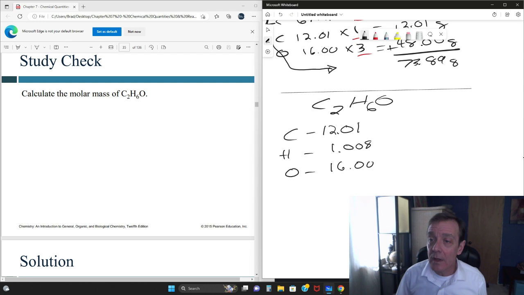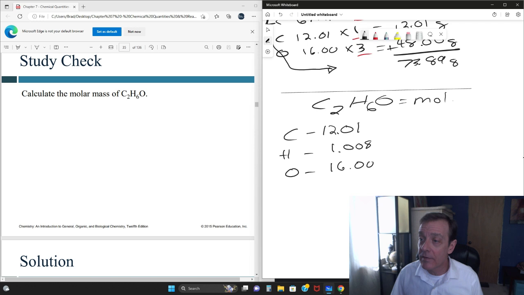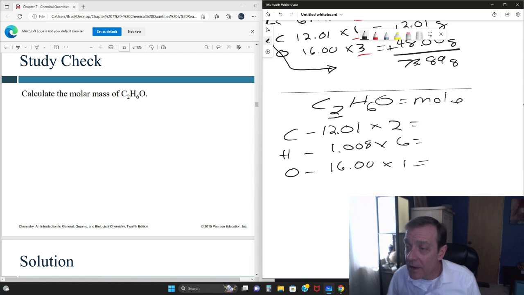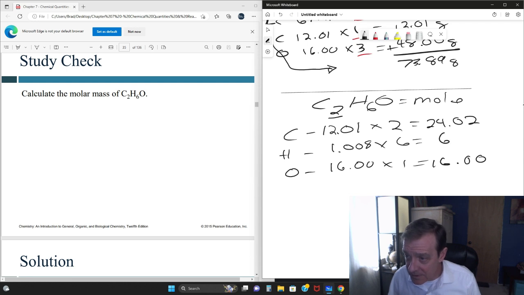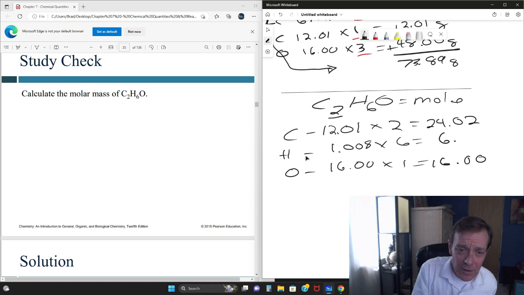Okay. So the number of carbon atoms we have in a mole of that is 2. The number of hydrogens is 6. The number of oxygens is 1. Do our arithmetic here. Let's see if I can. 24.02, and that's going to be 16, and that's going to be 6.048.